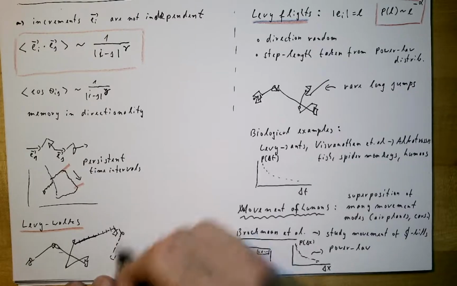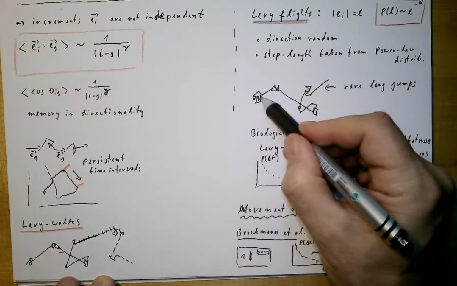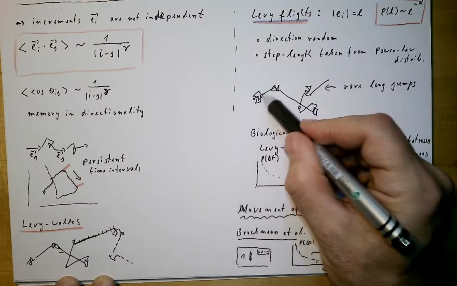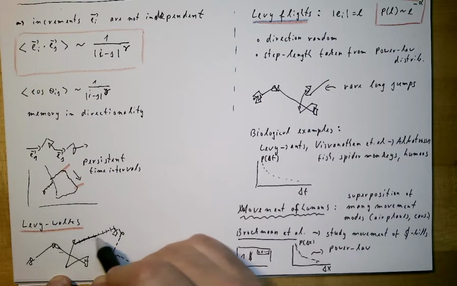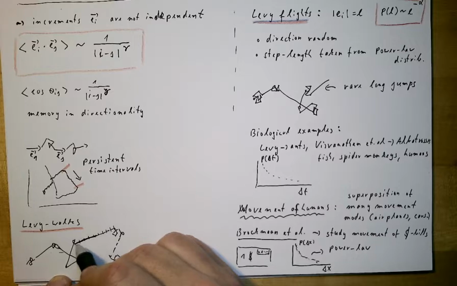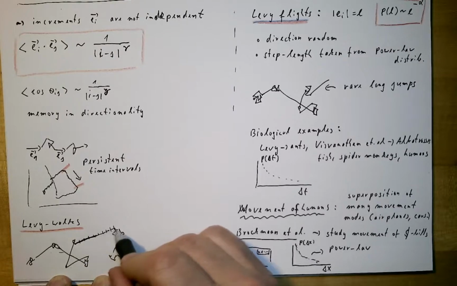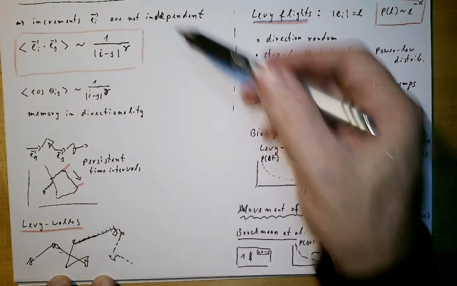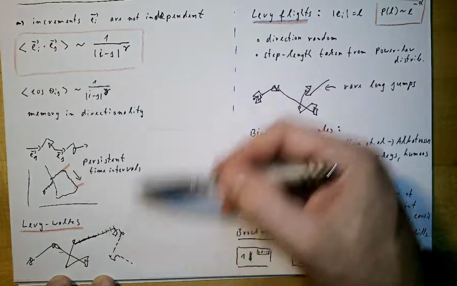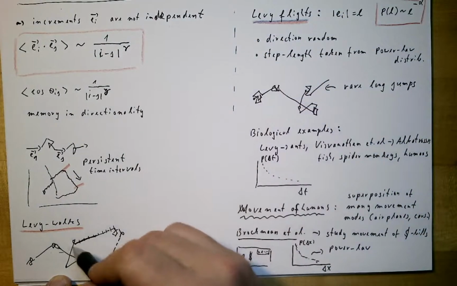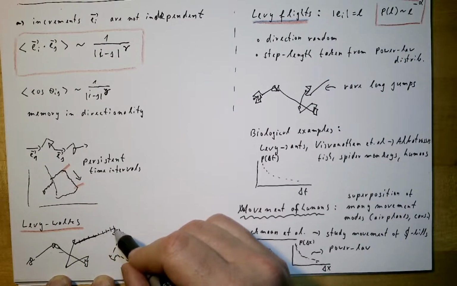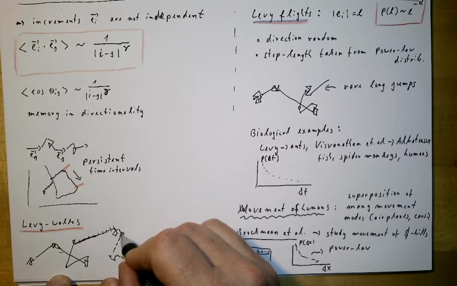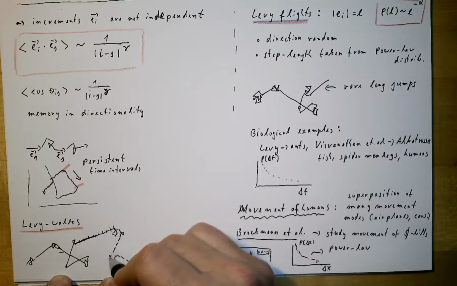So the difference is that in the Levy flight the long-range steps can be done in one time step, whereas in the Levy walk the animal is walking with constant velocity, and these are persistent time steps. The Levy walk captures the idea of long-range memory, where for a long time the animal can move in a straight line, then suddenly decides to turn around and go for a certain time in a persistent direction.